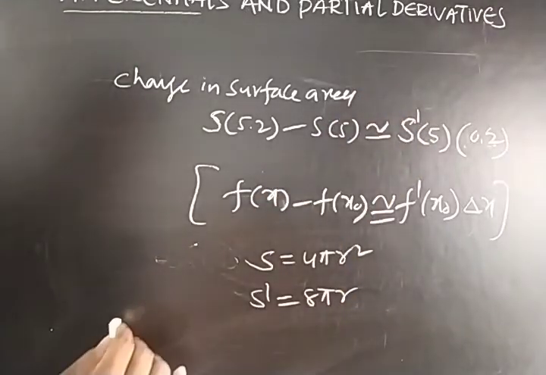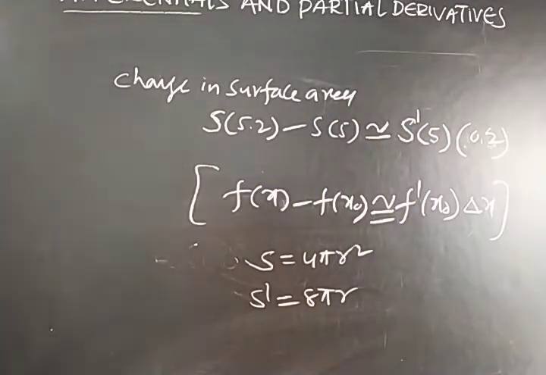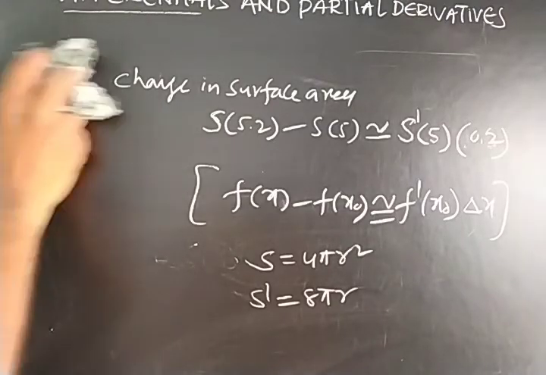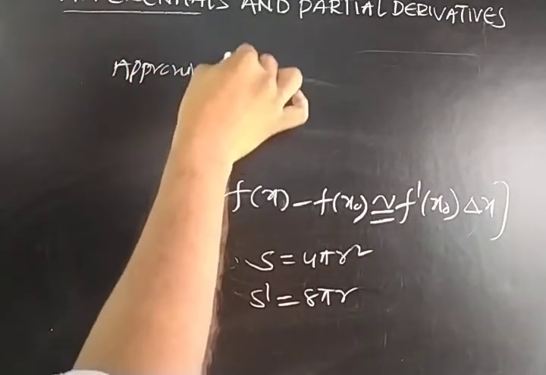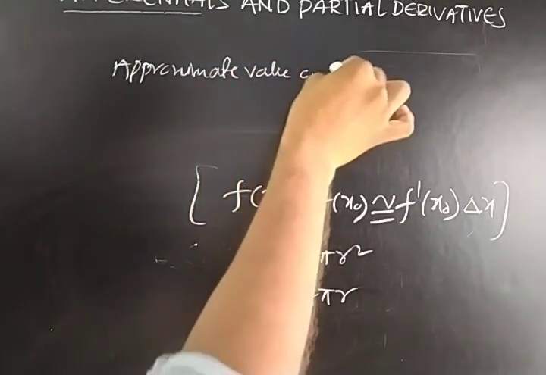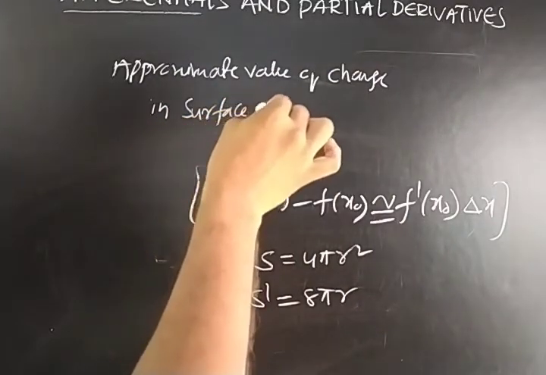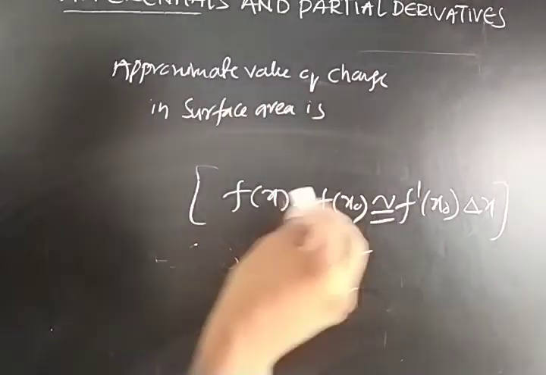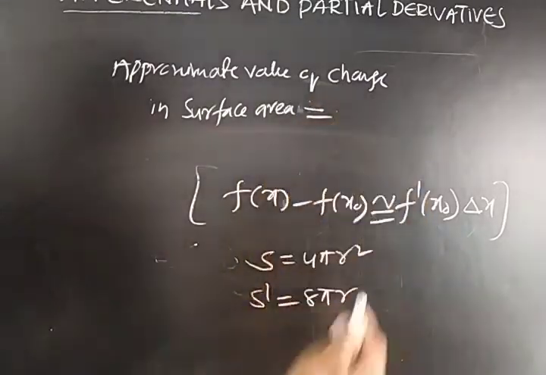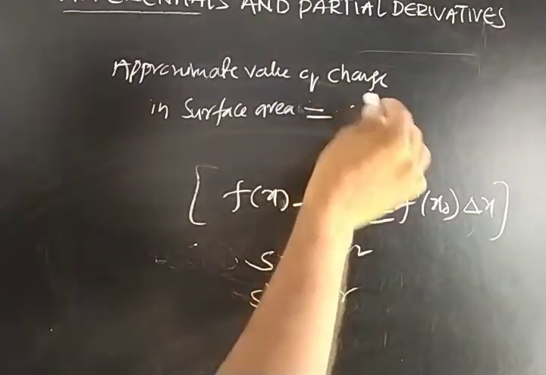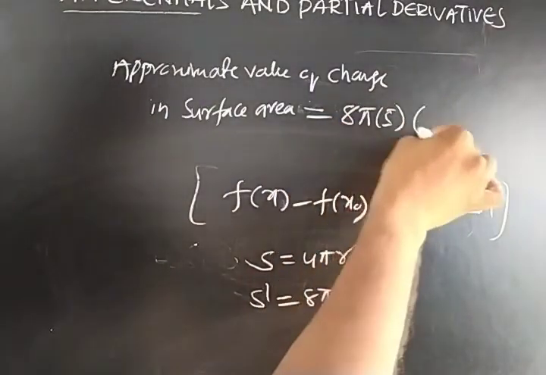Substituting, the approximate value of the change in surface area is S dash of 5 into 0.2, which is 8 pi into 5 into 0.2.